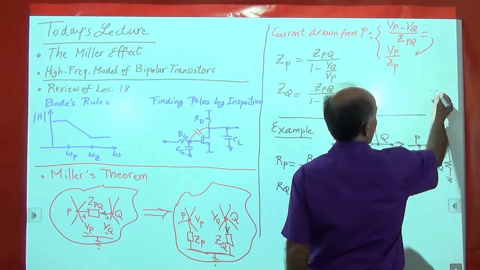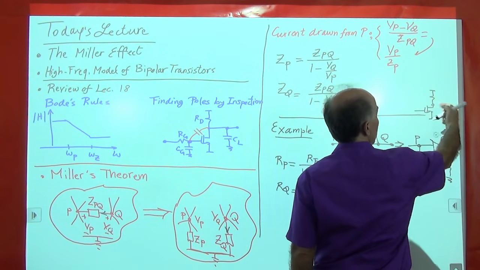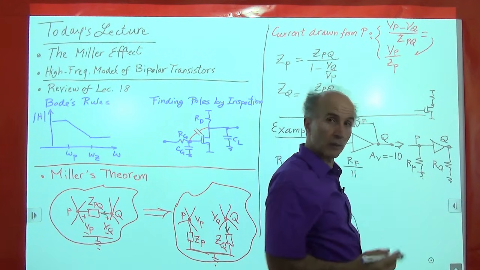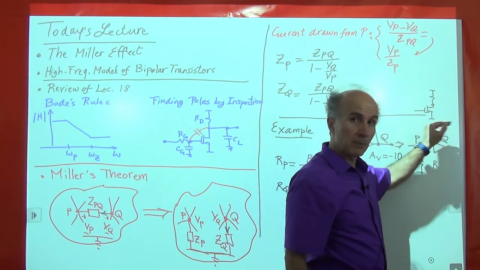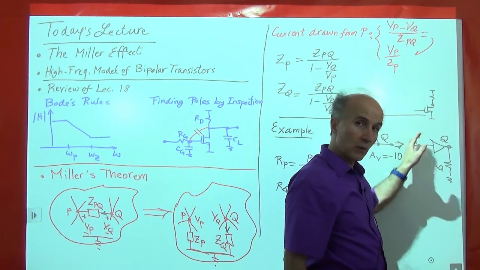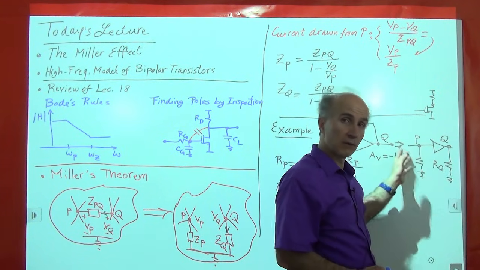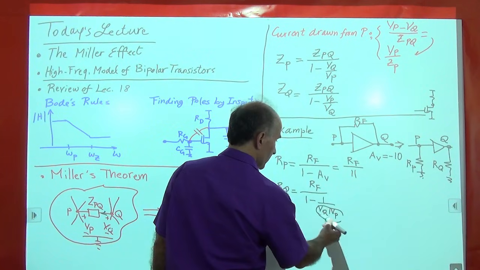In a simple amplifier, that may never happen. If you build an amplifier like this, and then you connect something to the output and start changing it, the input doesn't change, right? At low frequencies. So it's meaningful to say that VP over VQ is actually 1 over VQ over VP. And this VQ over VP, of course, is the voltage gain, right?